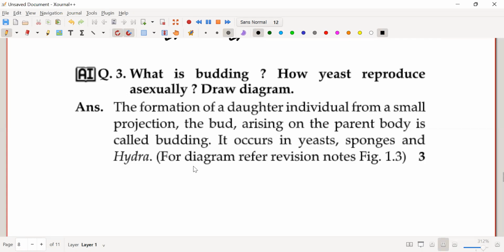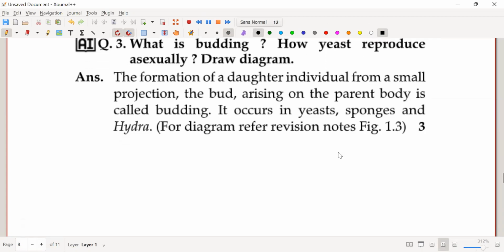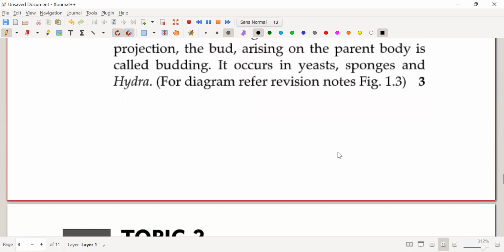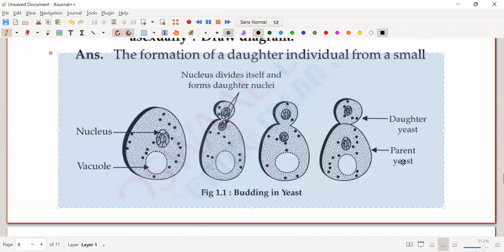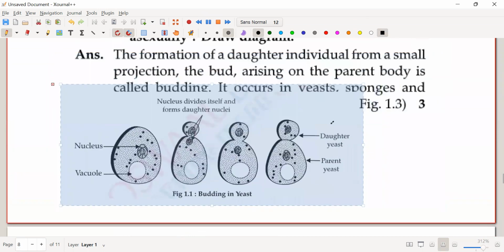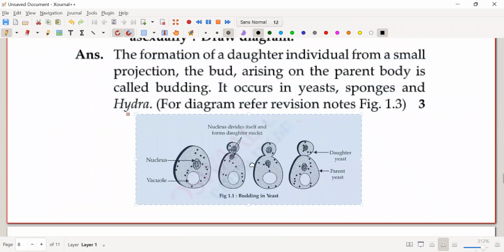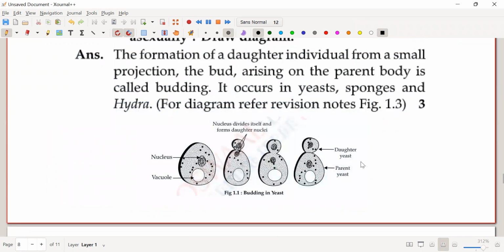We already went through the example diagram of yeast. Hope you remember. I think this one would be fine. This diagram we already have in notes. That diagram would be fine for this answer.